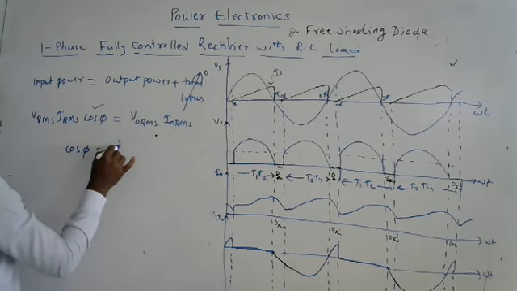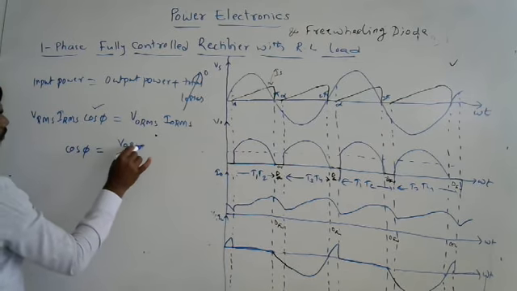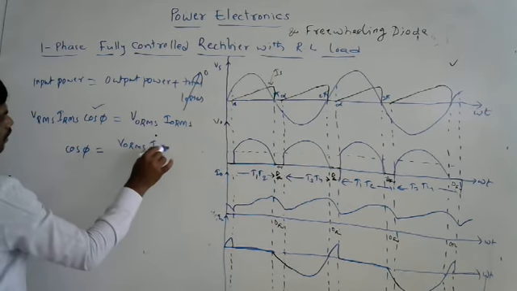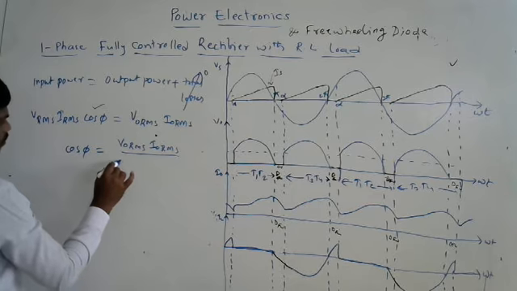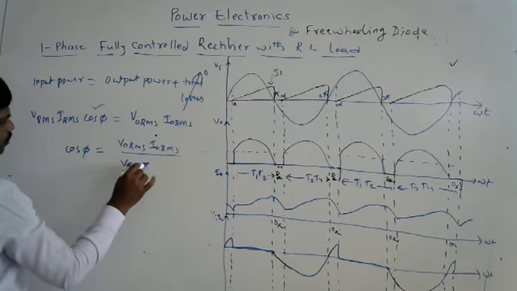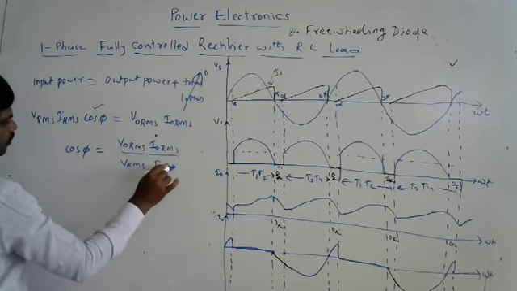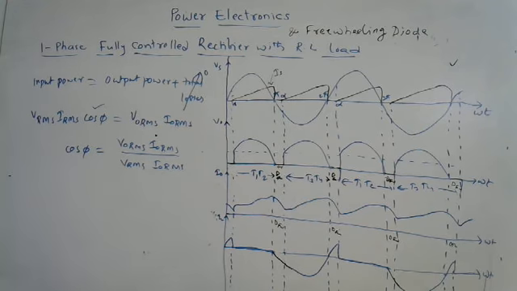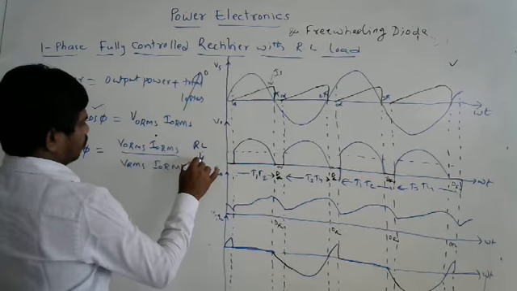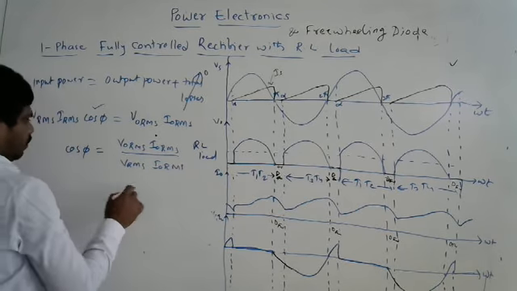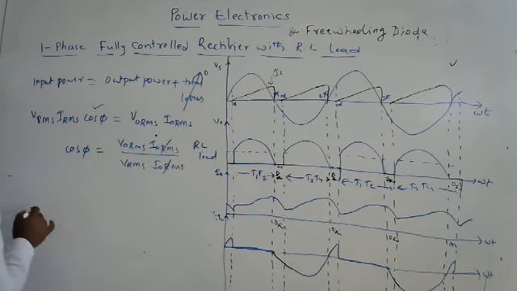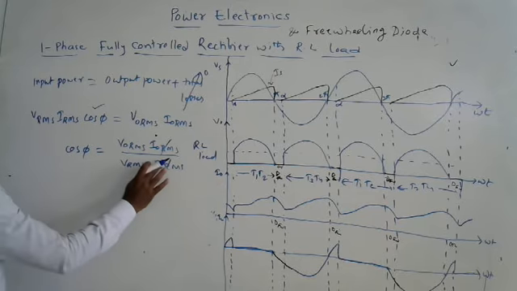Cos phi is equal to V naught RMS, I naught RMS upon VRMS, I RMS. This is for the RL load. Mind it. These two are similar, right?